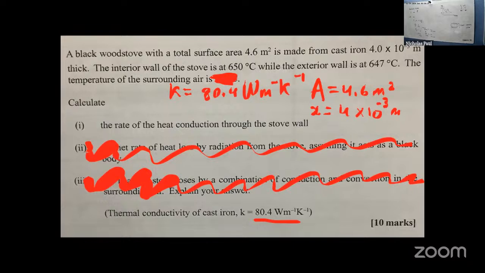So find the rate of heat flow there. They basically give you all the quantities: K at the bottom, the thickness. You have to figure out what the temperature change is.